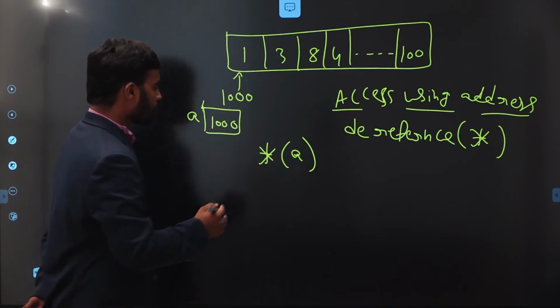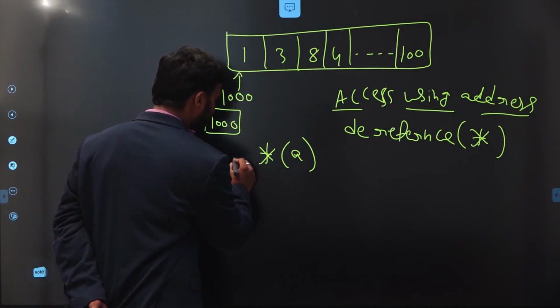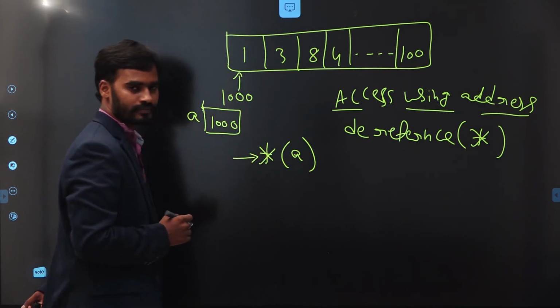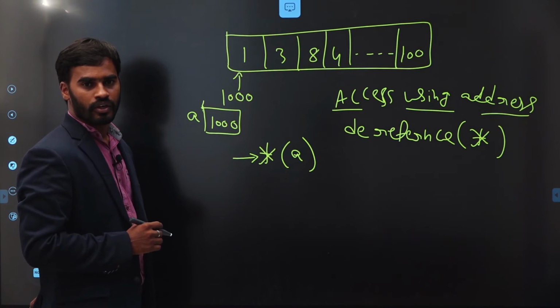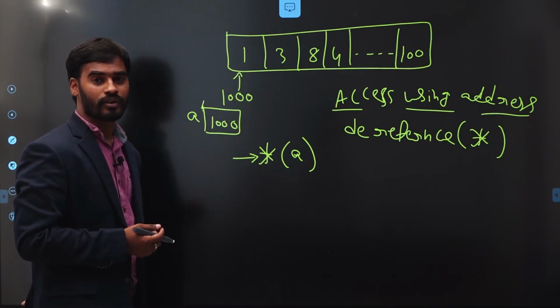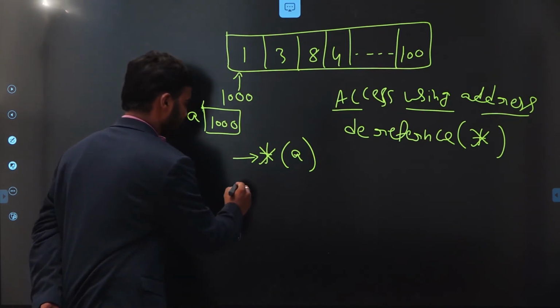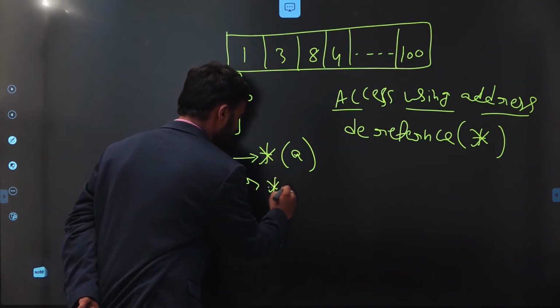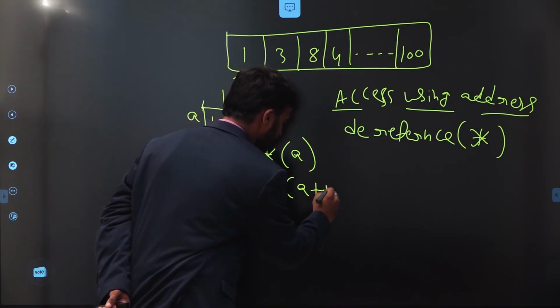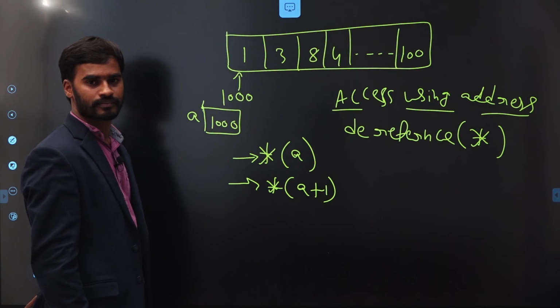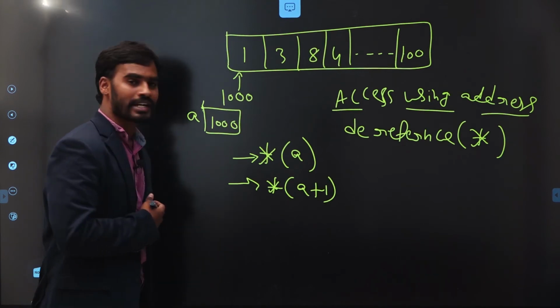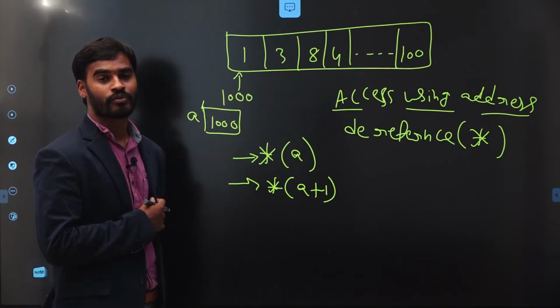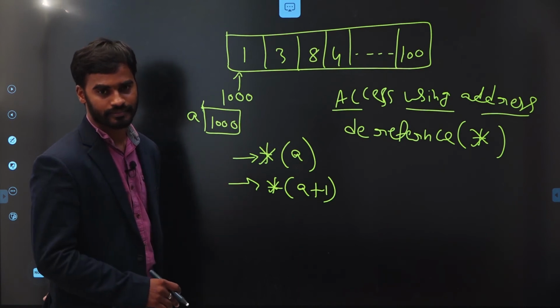You can also call this the valuate operator. If you want to find the value in the second block, star A plus 1. A plus 1 stands for the address of the first block after A.